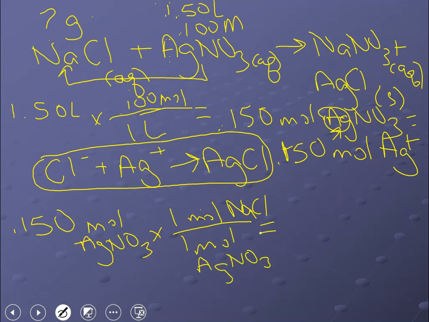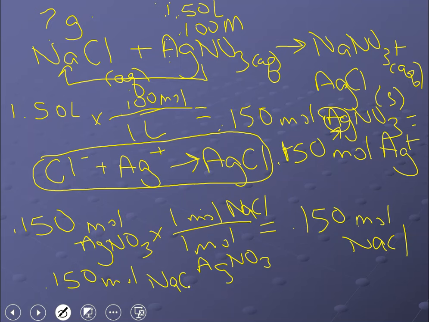And that'll tell us the number of moles of sodium chloride that are needed. Okay, but we don't want moles, we want grams. So again, we would finish that problem by taking the 0.15 moles of NaCl and converting that to grams by multiplying by the molar mass of sodium chloride.